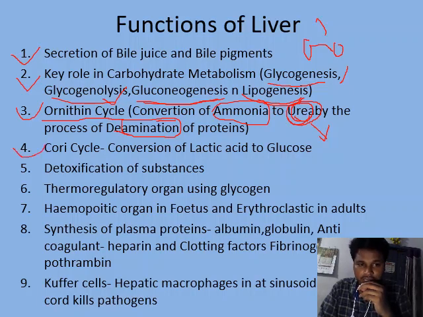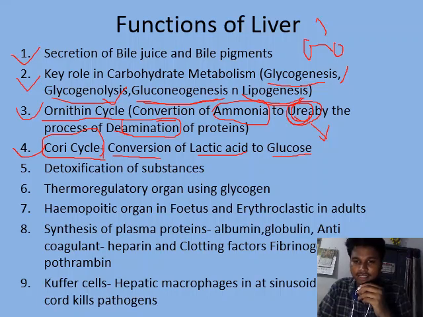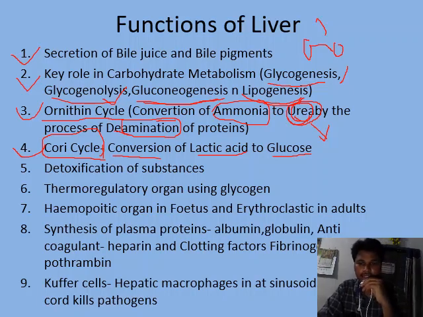And the Cori cycle also takes place in the liver, in which lactic acid is converted into glucose. So whenever we do some physical exercise or any vigorous exercise, our body carries out anaerobic respiration. That means it has no involvement of oxygen to break down the food.